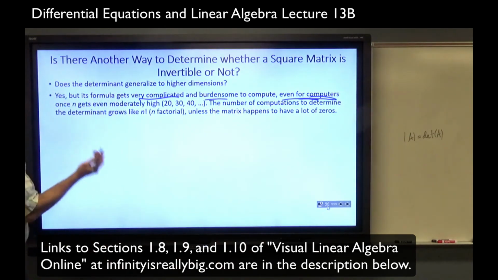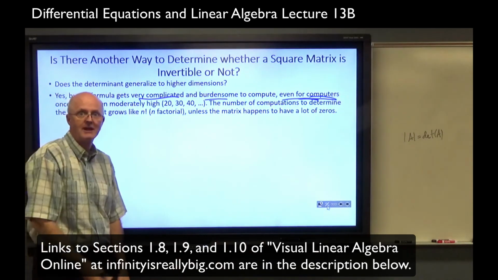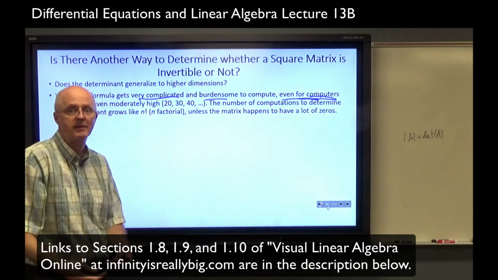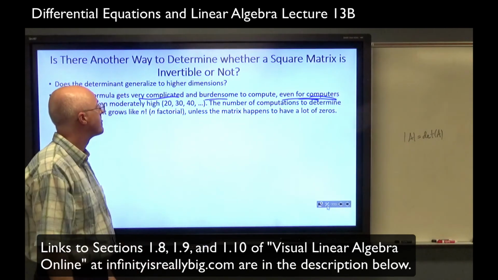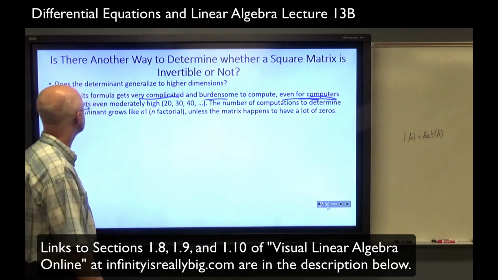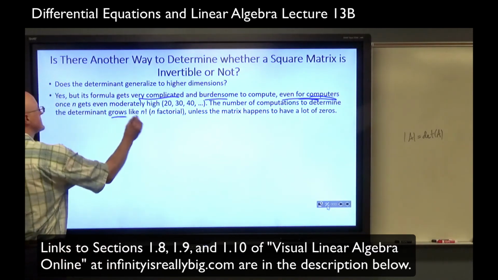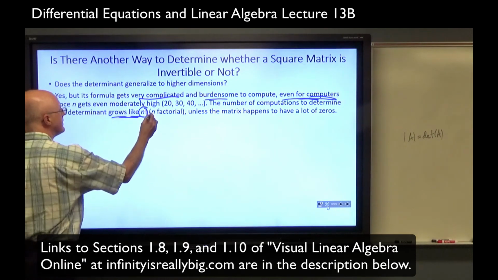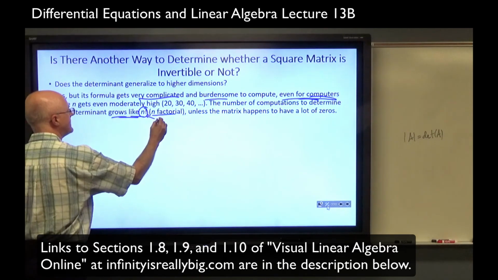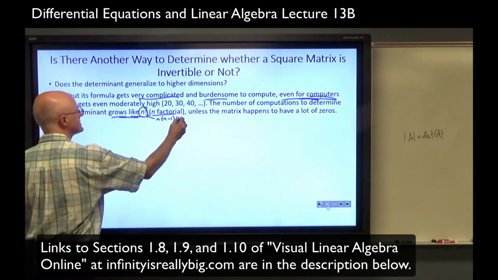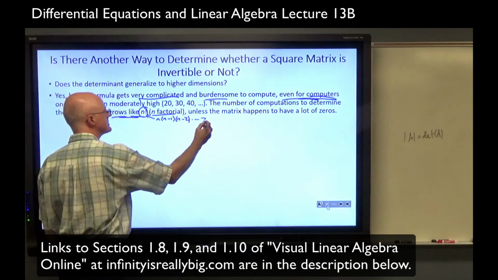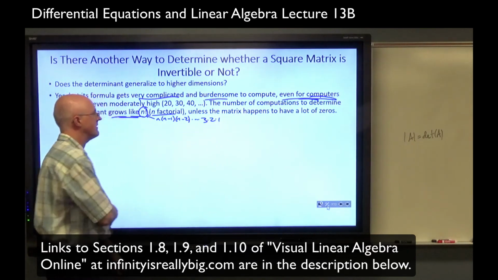Once n gets even moderately high, like 20, 30, 40, the number of computations to determine the determinant grows like n factorial: n times n minus 1 times n minus 2, etc., down to 3 times 2 times 1. That gets very big very fast.